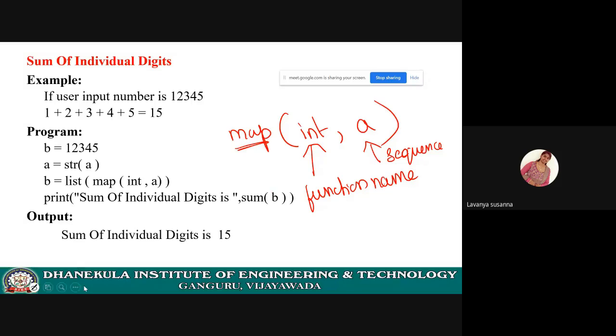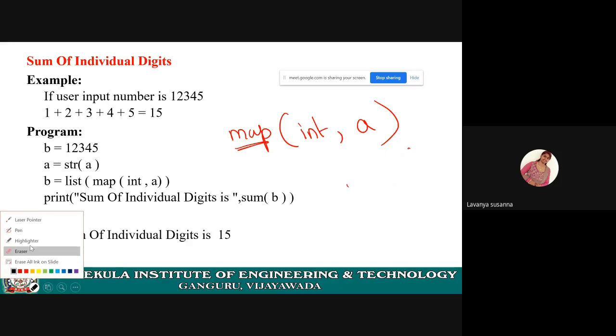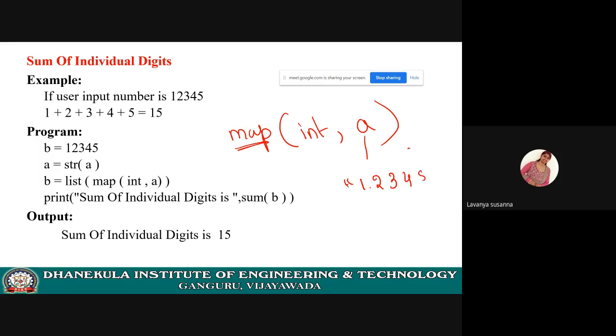Now what this map function is doing is very important. Just wait. Now, a contains 1, 2, 3, 4, 5 as a string. This map function is passing each and every character to this function.